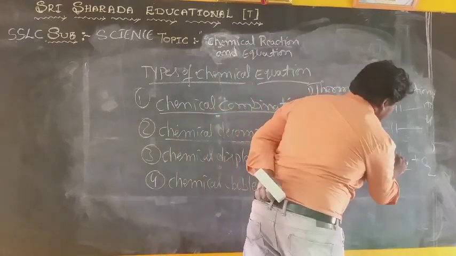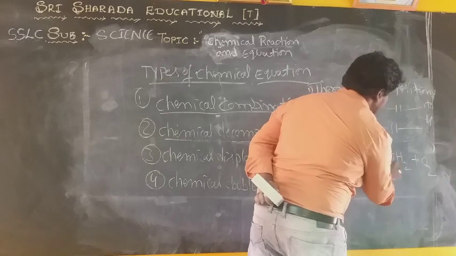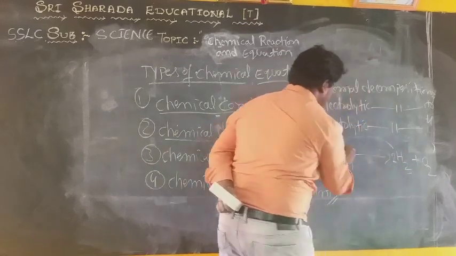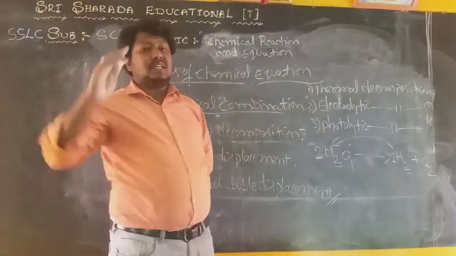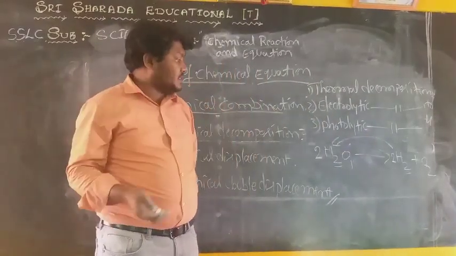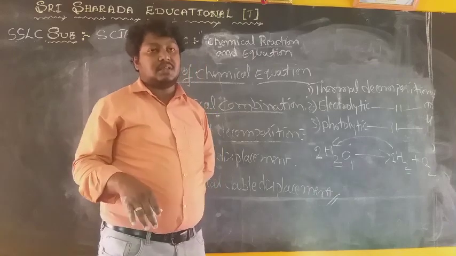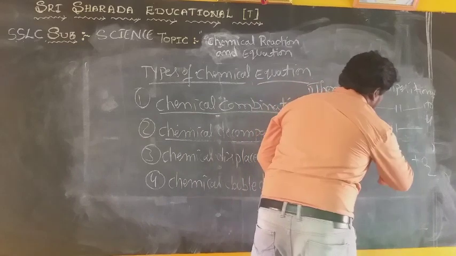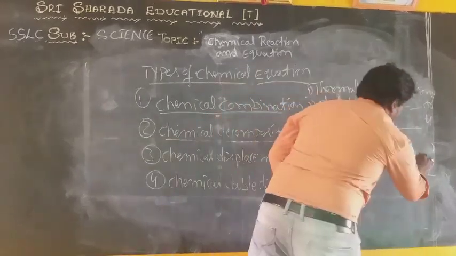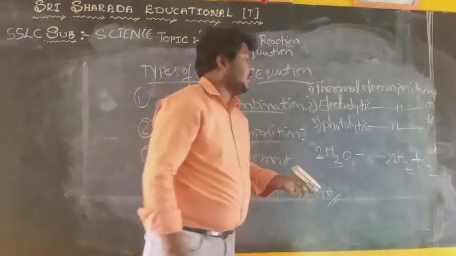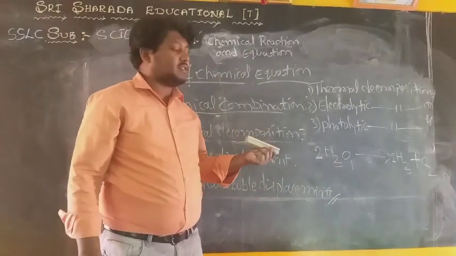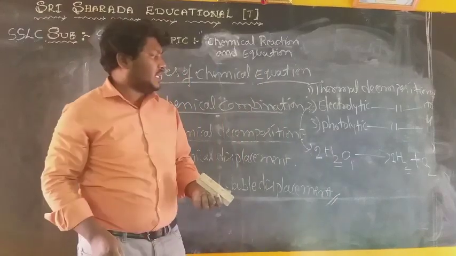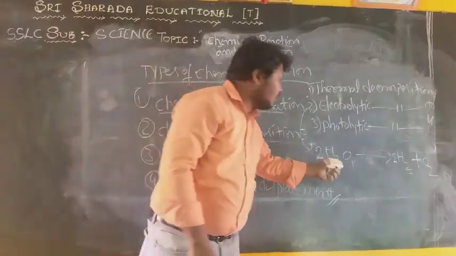So by multiplying 2 into 2, we can get 4. So like that, we can balance the equation. Already from 8th standard, we have been trying to balance equations. Is it? So it is not a big problem to balance the equations. Most of the students are able to balance the equation. So like that, we can give an example for electrolytic decomposition with water.